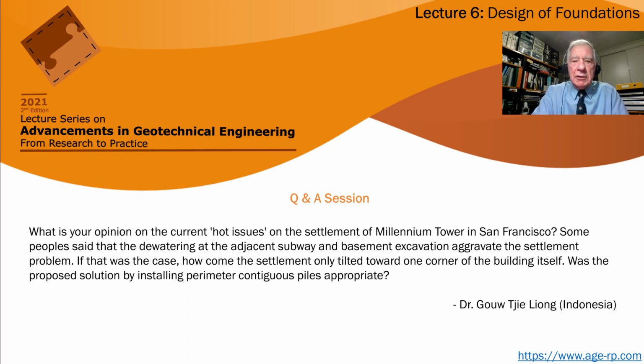As I understand it, the building had already settled prior to the dewatering processes, so it probably didn't help the process in any way. It may have contributed somewhat, but how much, I think, is a matter that is still under debate. It is under litigation, and so I can't really add anything more to it than that.